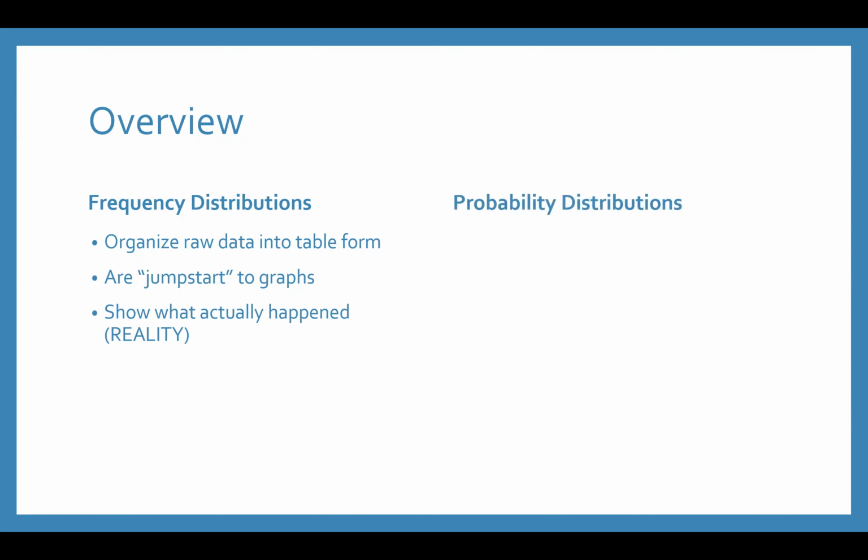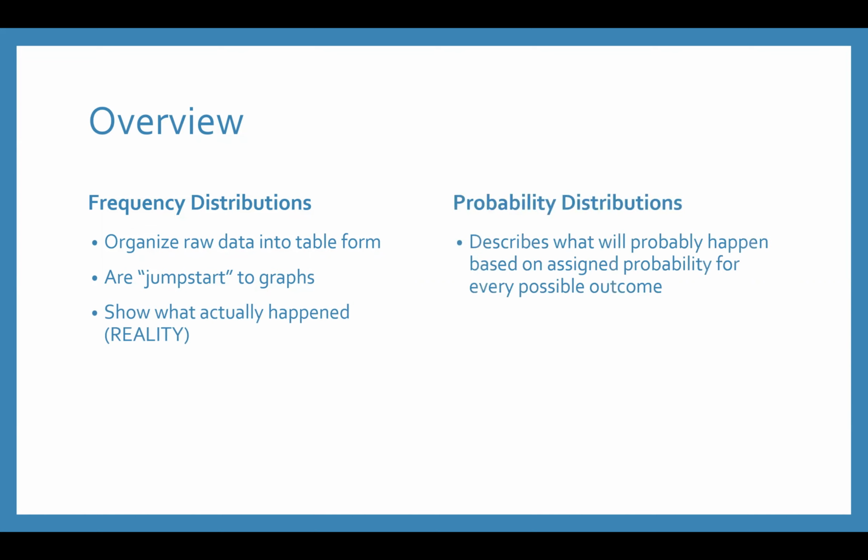A probability distribution describes or identifies what will probably happen, what should happen based on an assigned probability for every possible outcome. So a frequency distribution is like your reality.